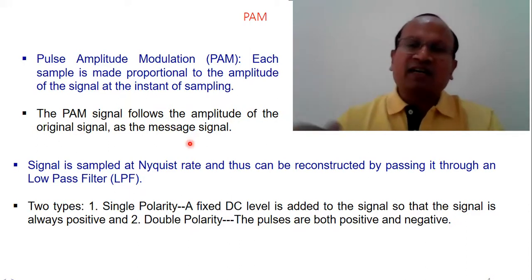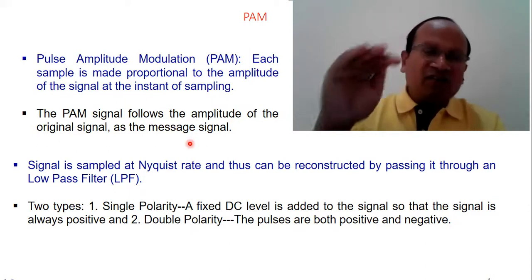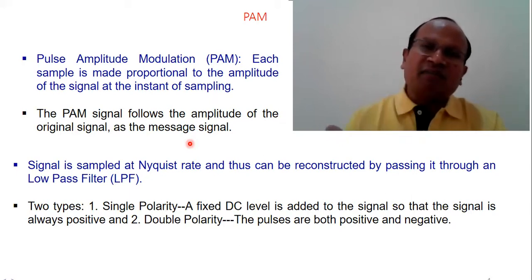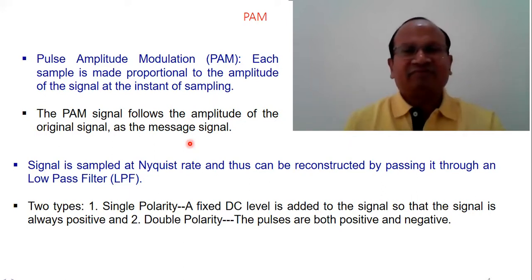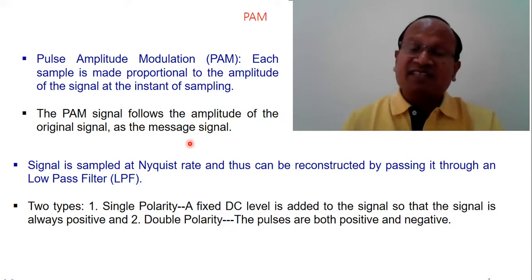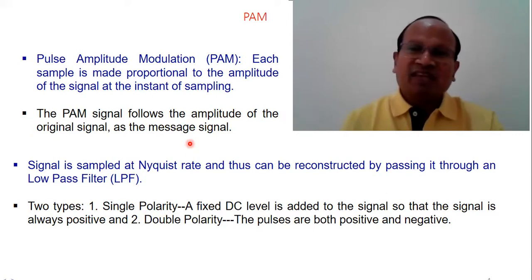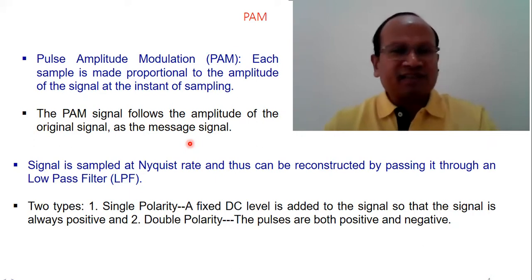So if you see the envelope of the modulated signal, the envelope will be following the message signal only, because in any modulation scheme, we know that the change is proportional to the amplitude of the modulating signal.